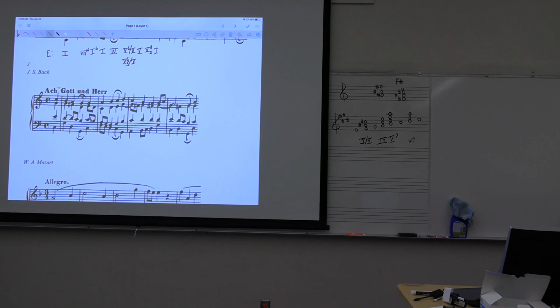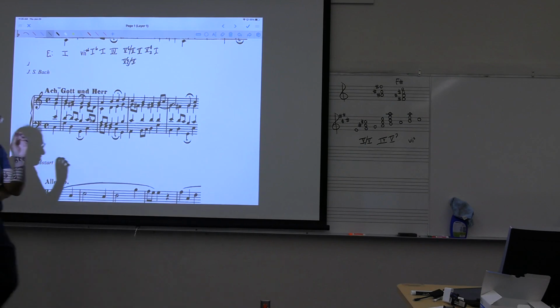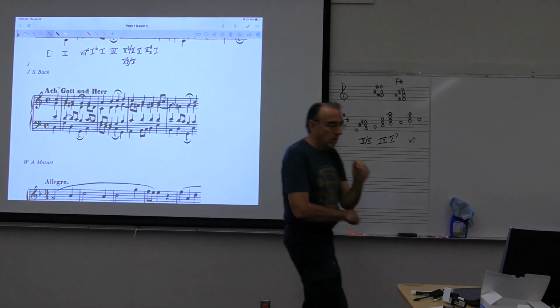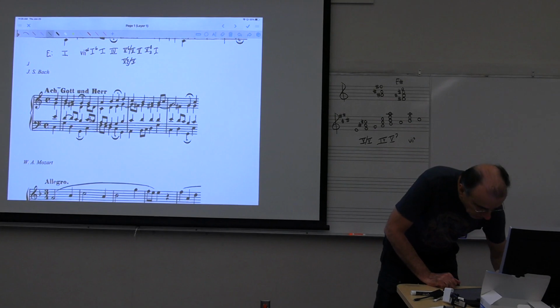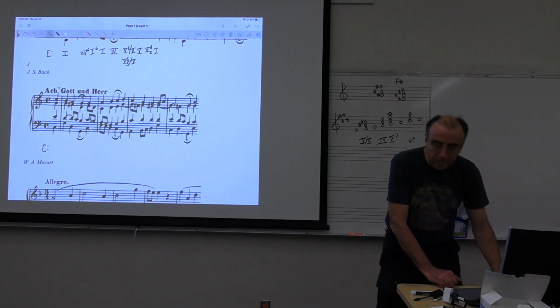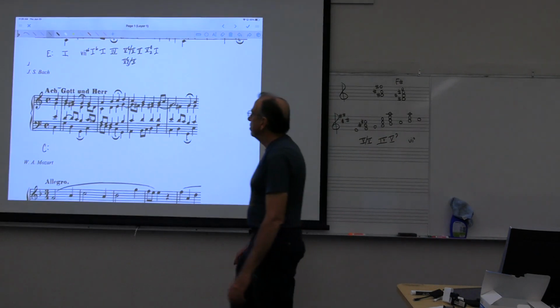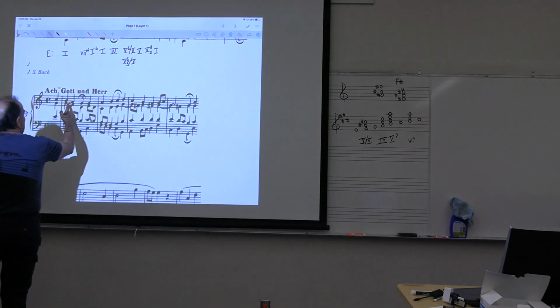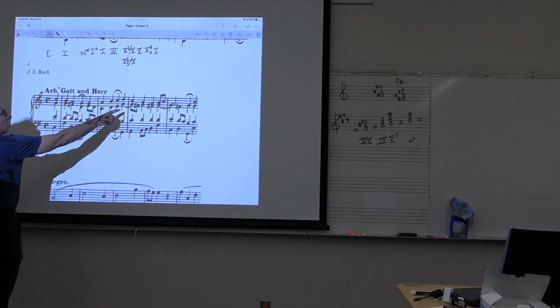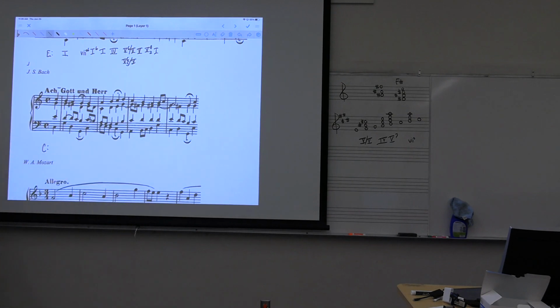And so we would tend to analyze this in the key of C because we're going to frame it, starting in C and ending in C. But you can see in the middle, F sharp, B flat, F sharp, F sharp, F sharp. So that means something else going on, right? Probably some secondary functions.